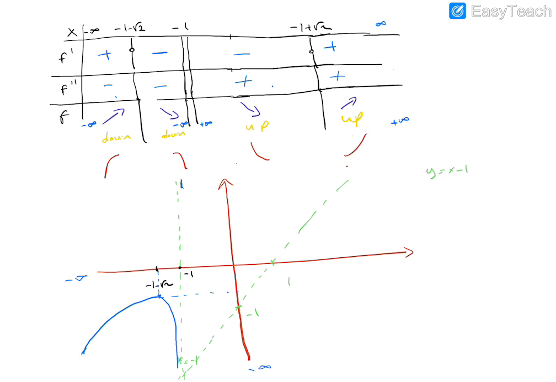So just this part changes. So until the point minus 1 plus square root of 2, let's show that this point is somewhere here, minus 1 plus square root of 2, it is a concave up decreasing graph. The graph is concave up and decreasing, starting at plus infinity.